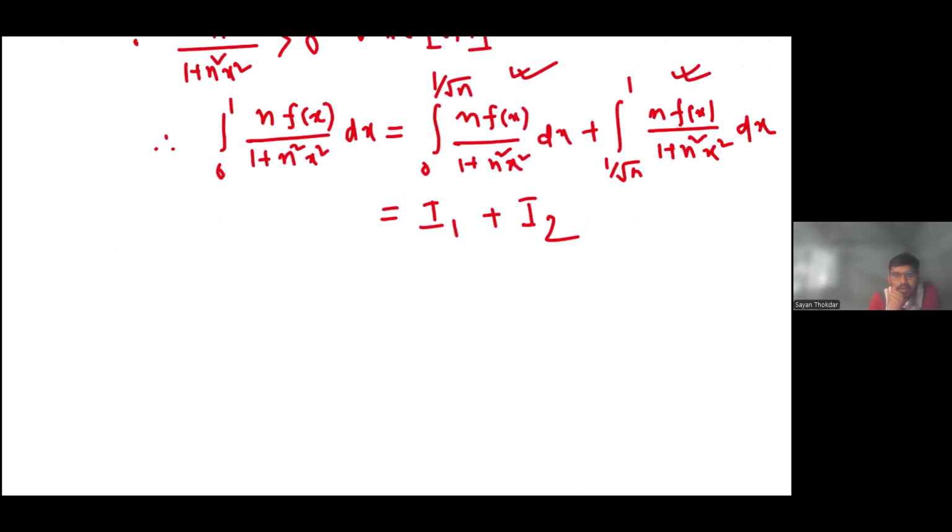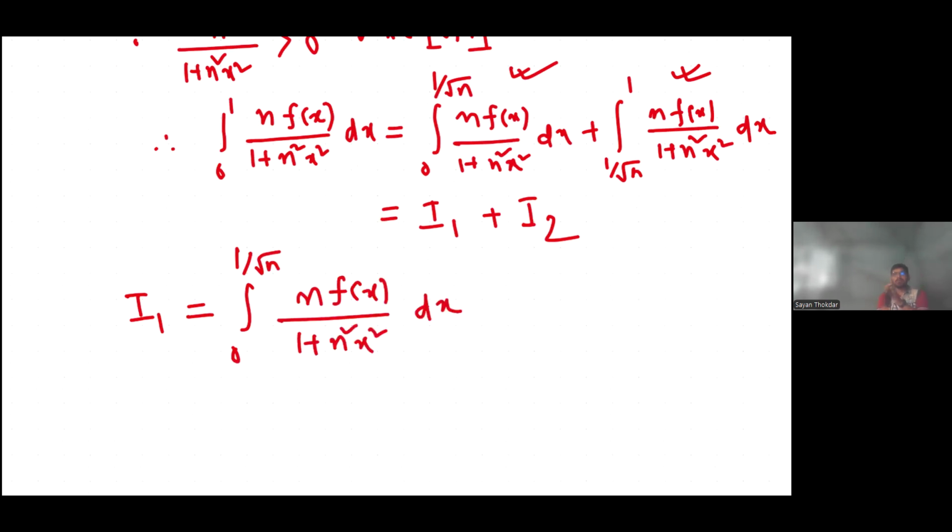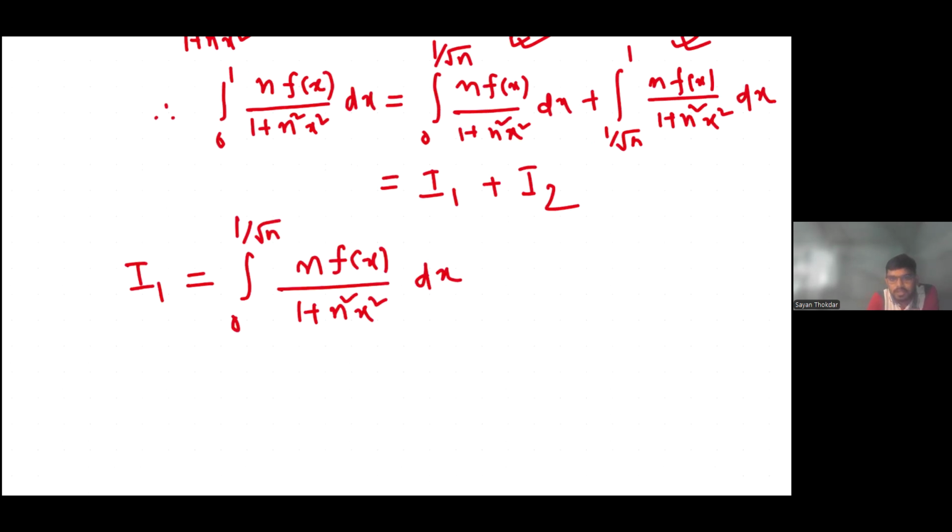Let me write that first integral I1. That is the integral from 0 to 1 upon square root of n of n f(x) upon 1 plus n square x square dx. Now use the first mean value theorem.